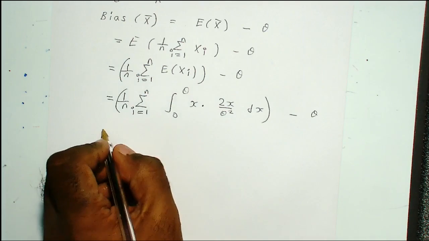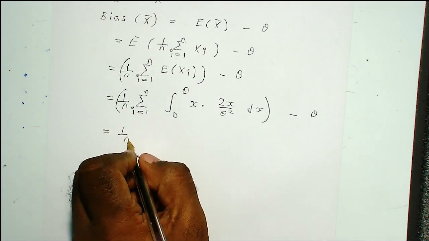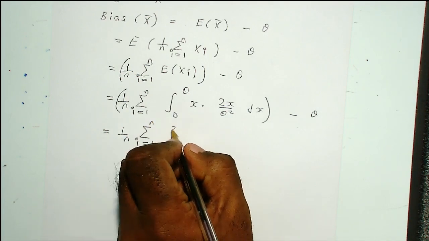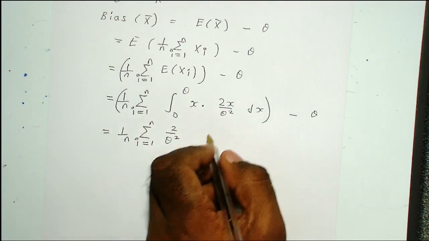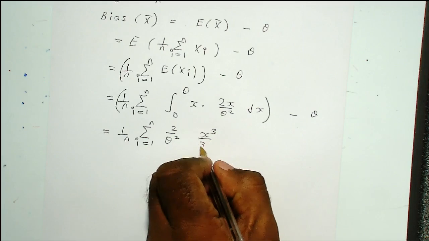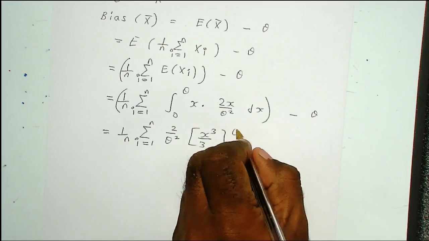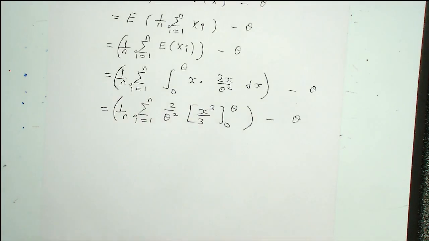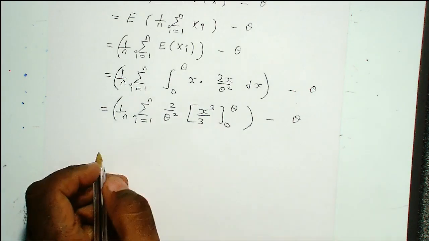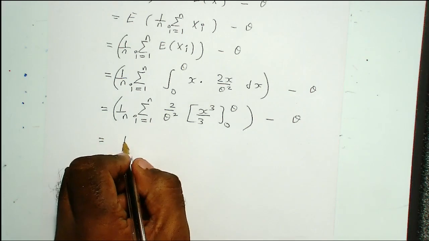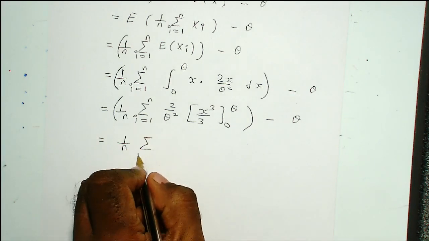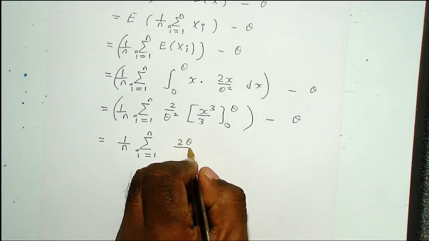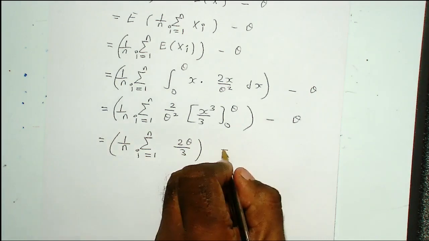Now, you should do the integration. You can pull out the constant. You get x cubed by 3, with limits from 0 to theta, minus theta. Taking the limits, we get 1 over n times 2 theta by 3 minus theta.